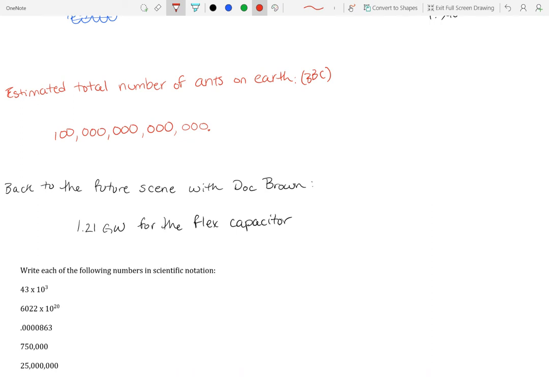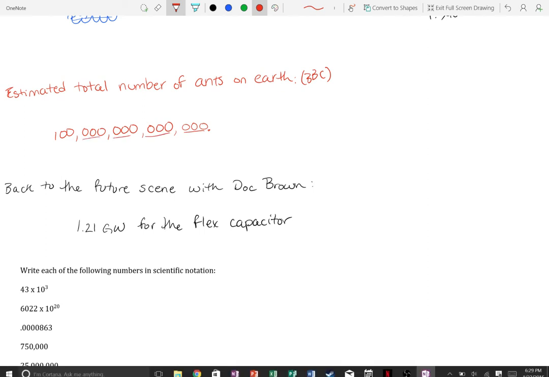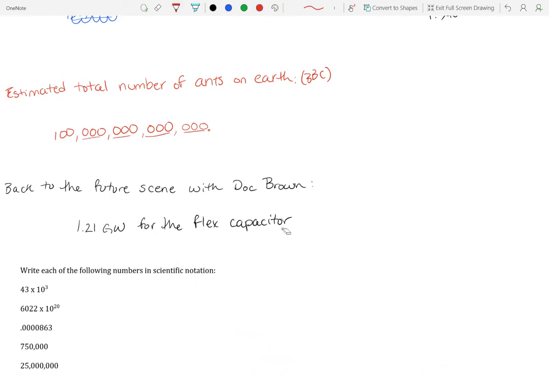So these 3 zeros, these 3 zeros, these 3 zeros, and these 3 zeros, as well as these 2 zeros over here, are all going to be significant because they're to the right of the first non-zero digit, right? So in total we have 3, 6, 9, 12, 15 significant figures. So our scientific notation should also have 15 significant figures.